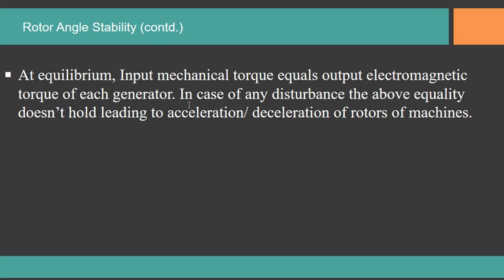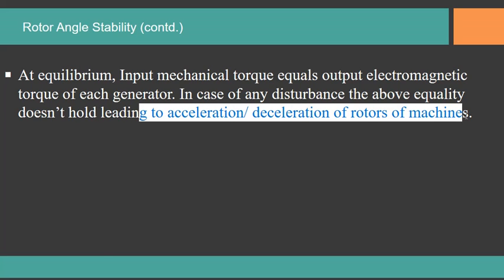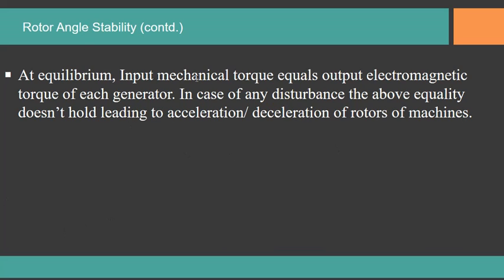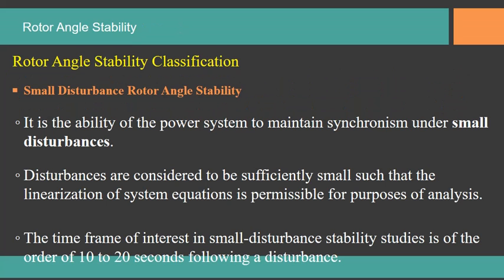In case of any disturbance, if there is a mismatch and the balance between input mechanical torque and output electromagnetic torque doesn't hold, it leads to rapid acceleration or deceleration of rotors of machines. This leads to the power system becoming unstable. Next, coming to the classification.